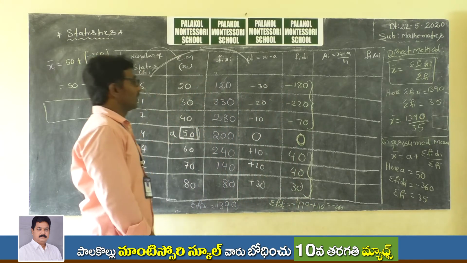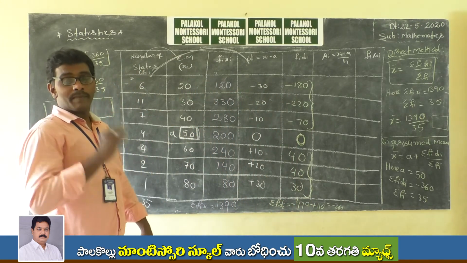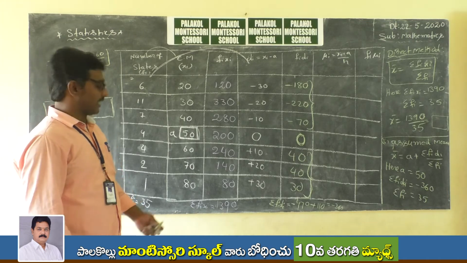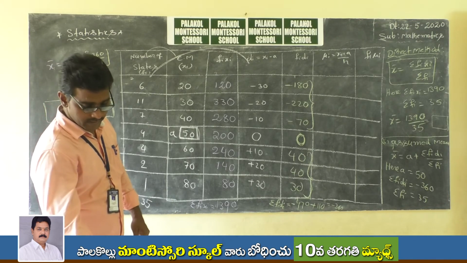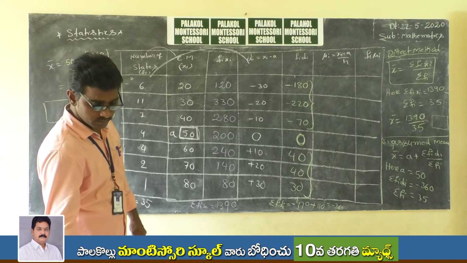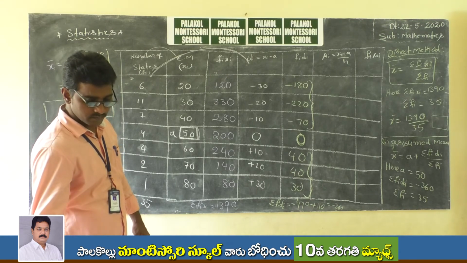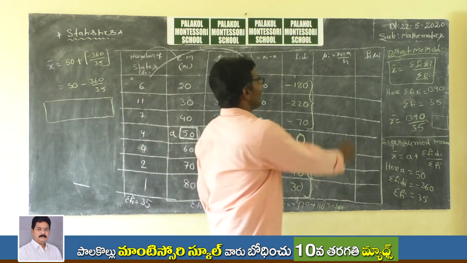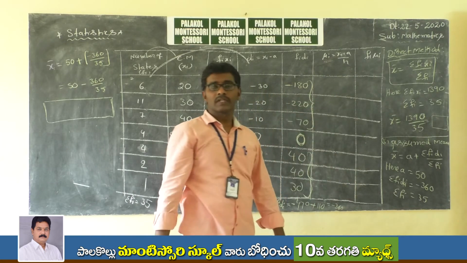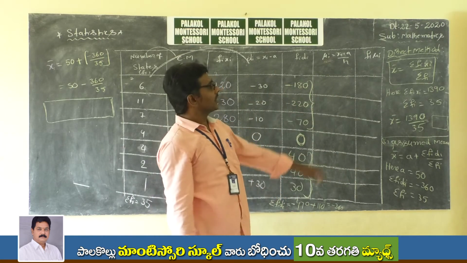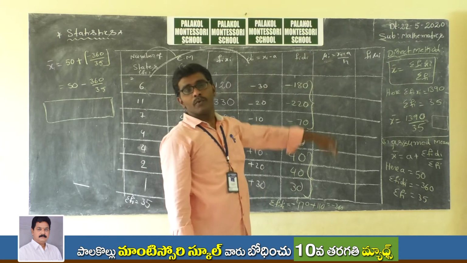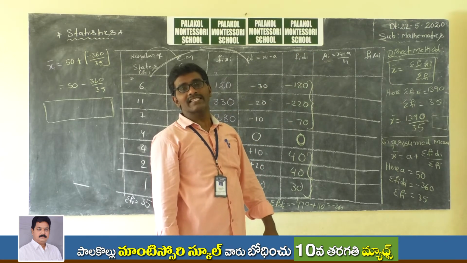Next one, the third method, the step deviation method. In the step deviation method, first you find out u_i. How to calculate u_i? u_i is equal to x_i minus A by h.